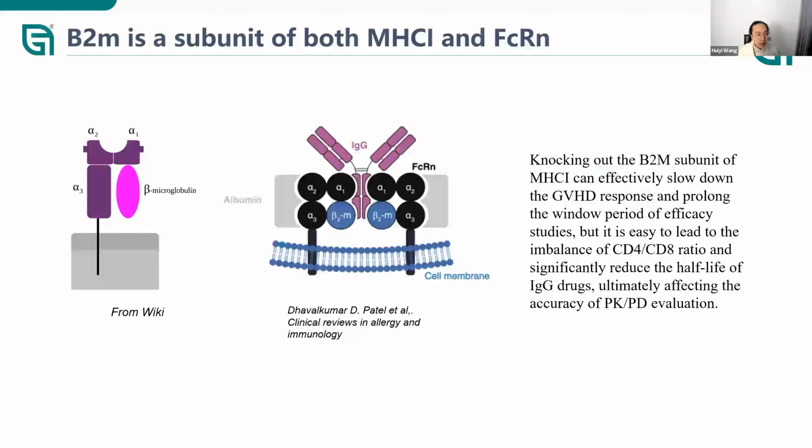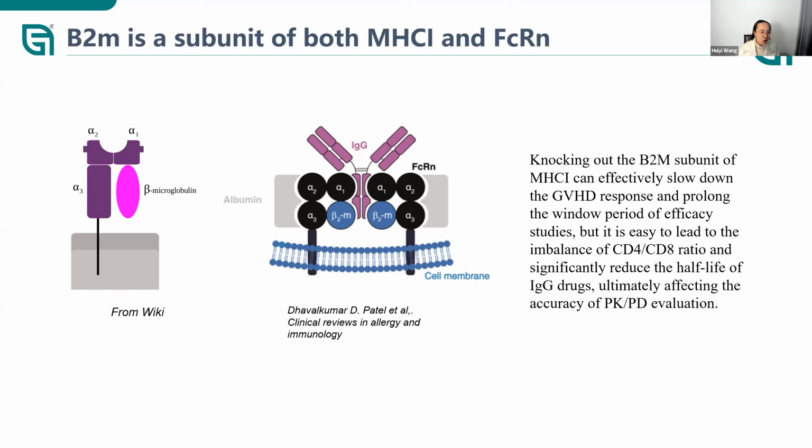To avoid this problem, we developed the B2M knockout mouse models. B2M is a subunit of MHC1, but B2M is also a subunit of FcRn.